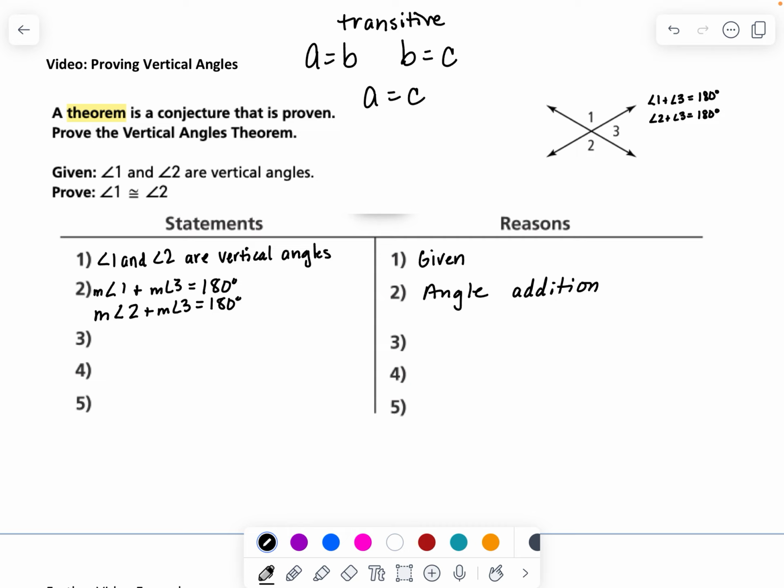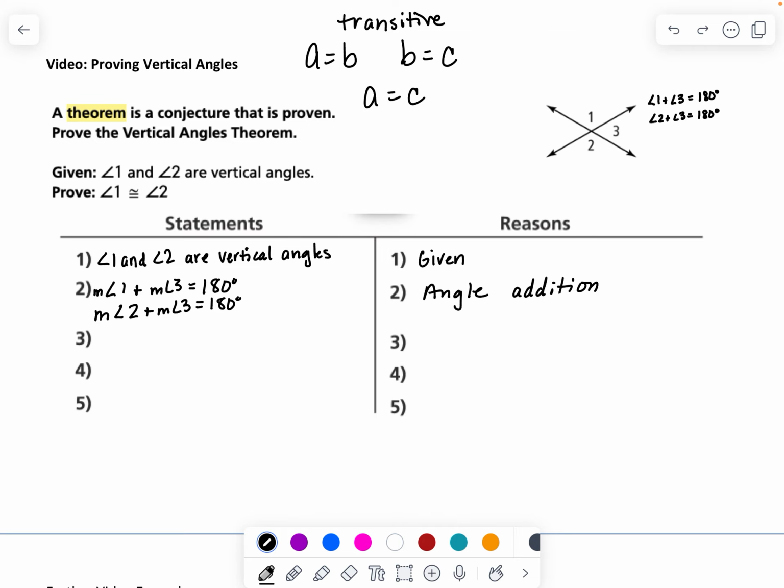So we could do transitive property, or we had another one that said X equals Y and X equals Z, therefore Y equals Z. I can't remember how we wrote it, but we could do the substitution one where we just substitute too. So you can use either transitive or substitution.